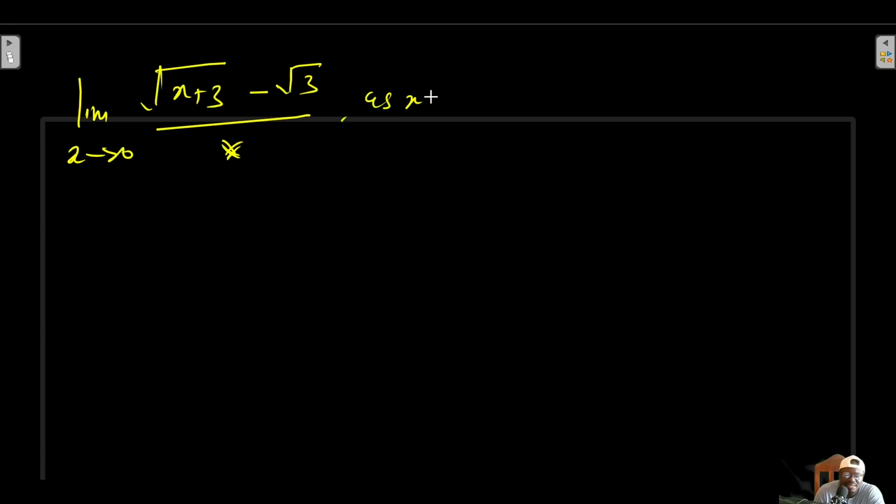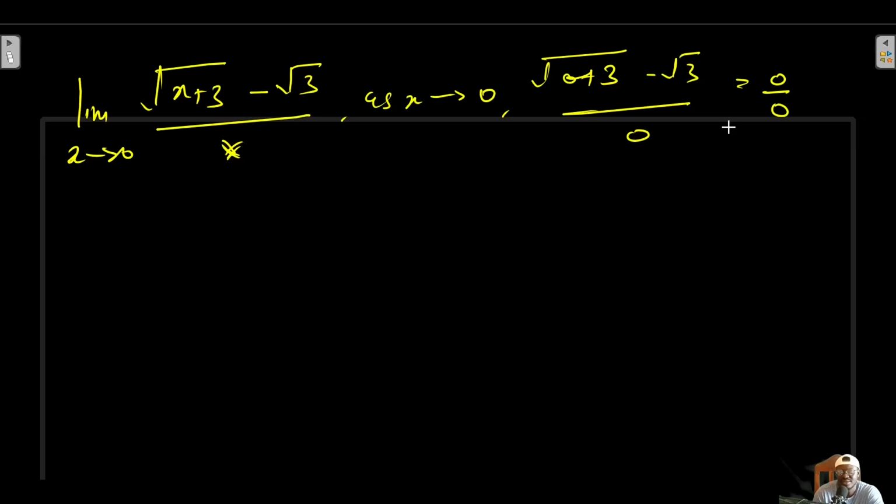Doing our direct substitution, as x is approaching 0, we get root of 0 plus 3 minus root 3 all over 0. We end up with 0 over 0, and this is clearly an indeterminate. So what do we do? Since our numerator contains a radical, we try as much as possible to eliminate the radical containing the independent variable.